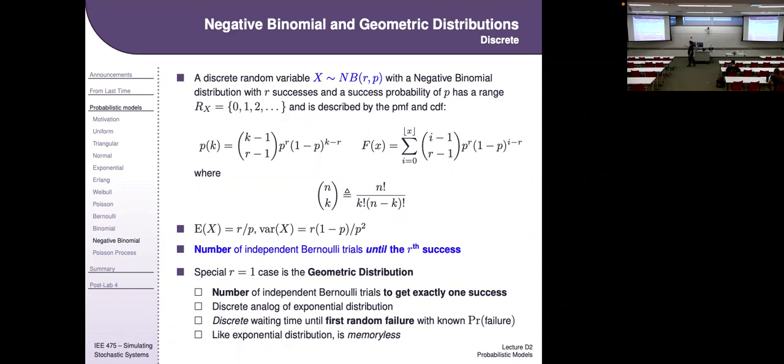So not surprisingly, the geometric distribution is the discrete distribution that also has this memoryless property. The exponential is the fancy distribution that's continuous and memoryless, and the geometric is the special distribution that's discrete and memoryless. Otherwise, they have that very strong relationship.